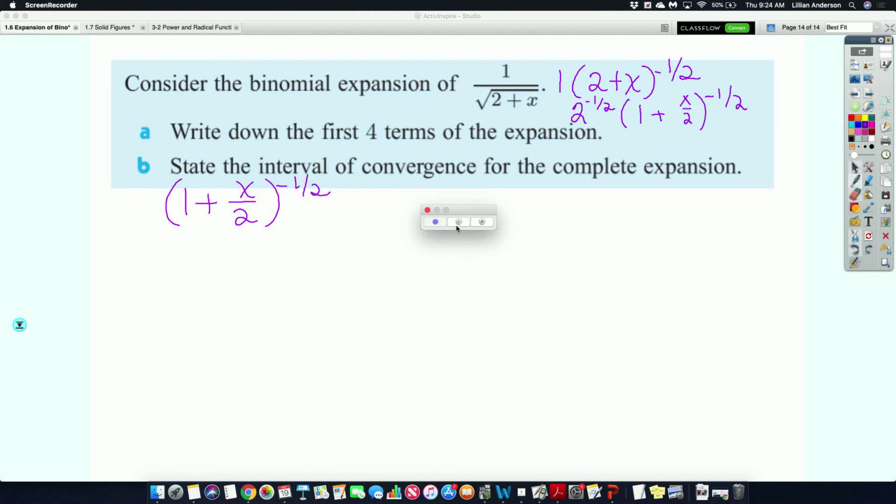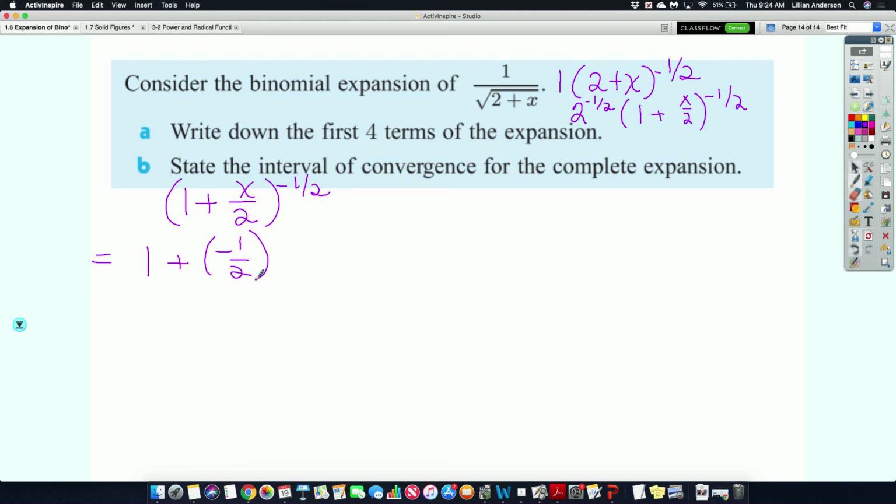So let's see. I'm expanding to the first 4 terms, so I've got to get 4 terms of this, okay? Clearly, this is going to start off with a 1. Now it can start off with a 1 because I do have my first term being 1, okay? Then it's going to be plus what? Alpha, negative 1/2 times x, right?